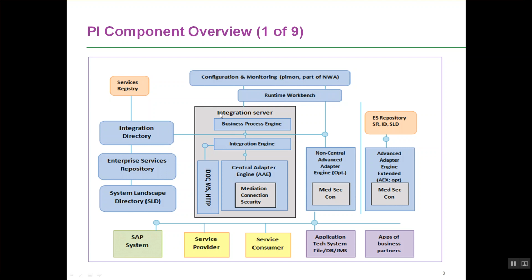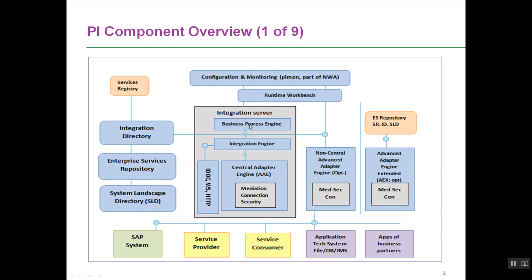As we were saying, the integration server is the component which is the heart of PI, the runtime of PI, and this contains three different engines. One is the central adapter engine where all the connectivity happens. This adapter engine runs on the Java stack of PI. Then you have the integration engine. This is where the pipeline of PI gets executed, and this runs on the ABAP stack.